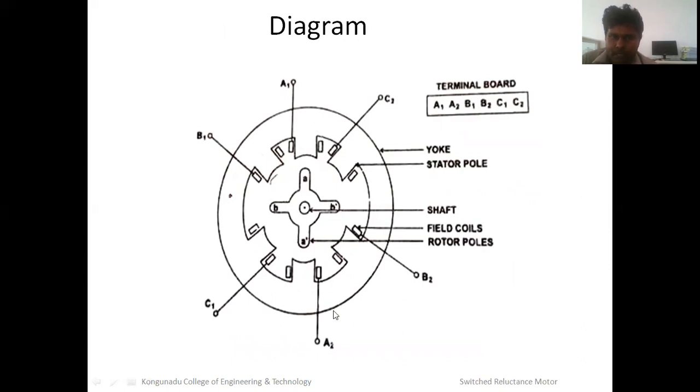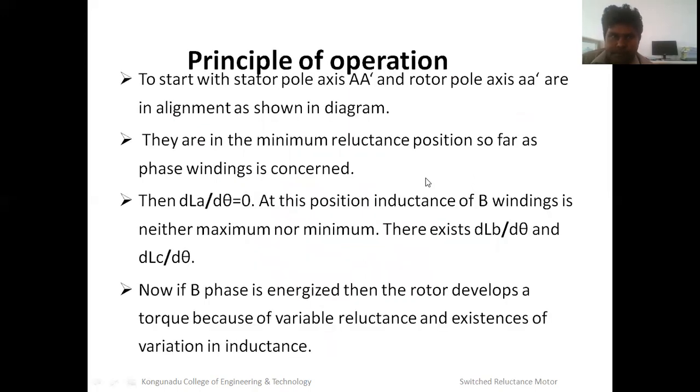Capital A1, A2, B1, B2, C1, C2 indicate the stator poles. Each stator pole has a coil, which is indicated as a field coil. The rotor is connected to the shaft.